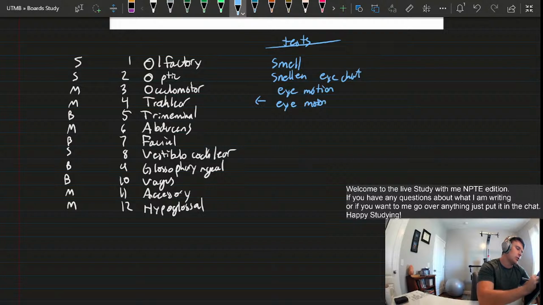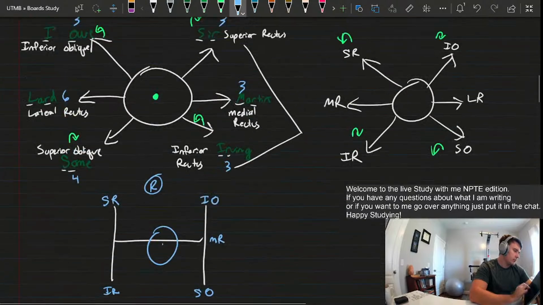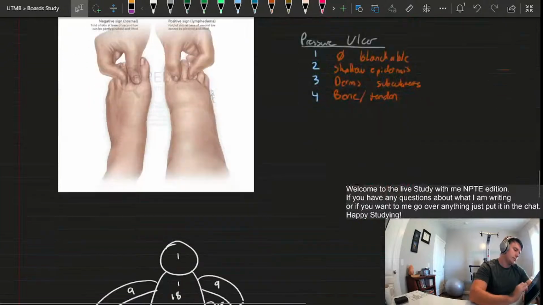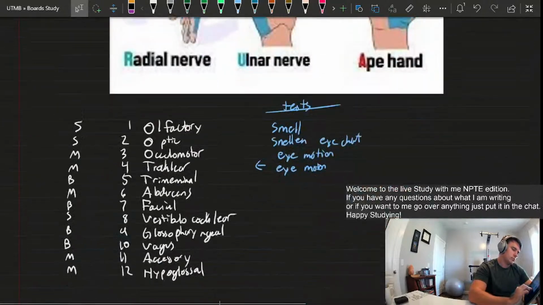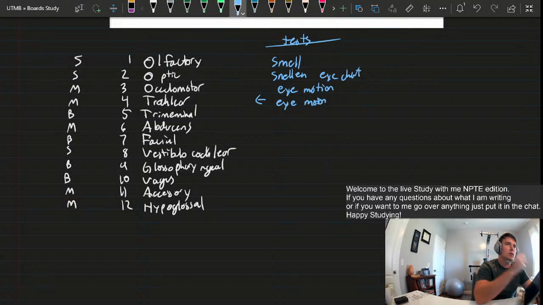This is going to be lateral because we know up here, if we go up here, cranial nerve, what are we on? 4, it's going to be down and to the right. So with the H test, it'll be down and in to test for the superior oblique.